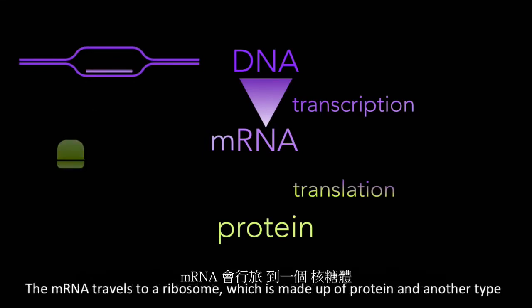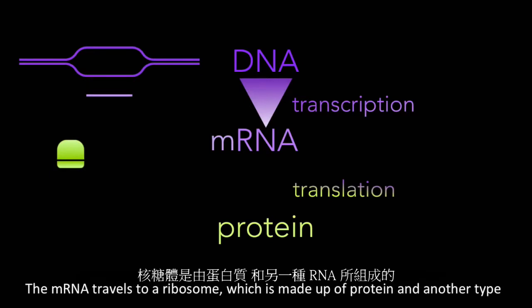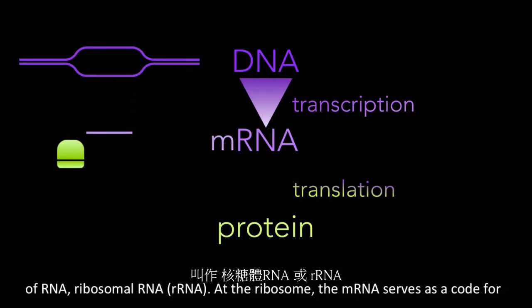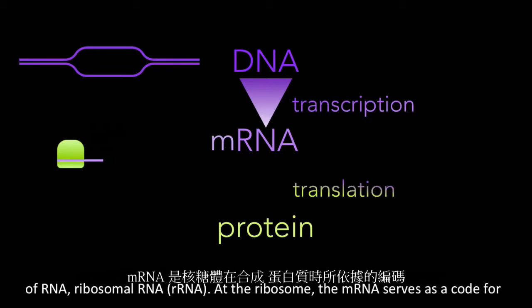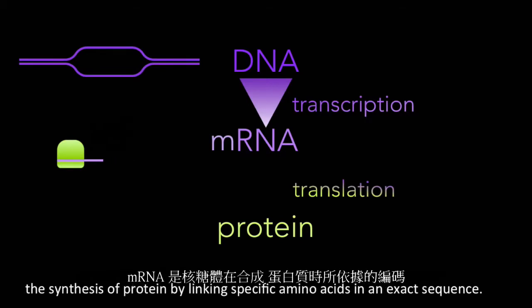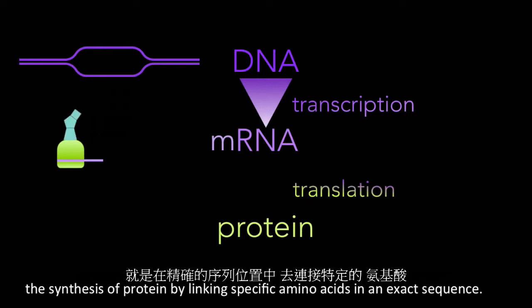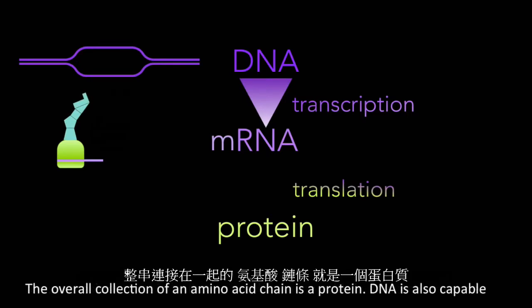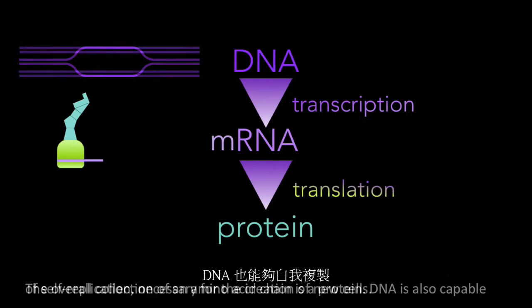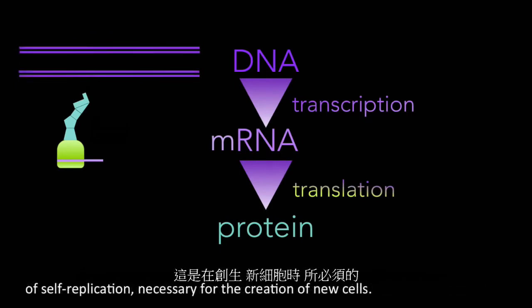The mRNA travels to a ribosome, which is made up of a protein and another type of RNA, ribosomal RNA, or rRNA. At the ribosome, the mRNA serves as a code for the synthesis of protein by linking specific amino acids in an exact sequence. The overall collection of an amino acid chain is the protein. DNA is also capable of self-replication, necessary for the creation of new cells.